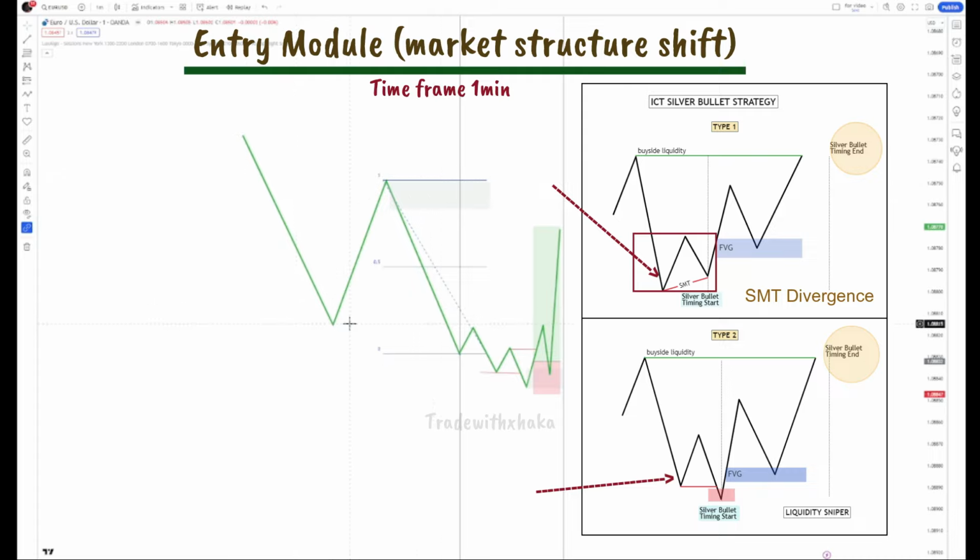The only thing we need to look for is time. Wait for time. Once it's 3 o'clock a.m., we move to the 1 minute time frame and look for a reversal indication. Remember where we mark out our fair value gap on discount, that is our draw on liquidity. So this is what we'll be working with, and this is how I trade ICT Silver Bullet currently.